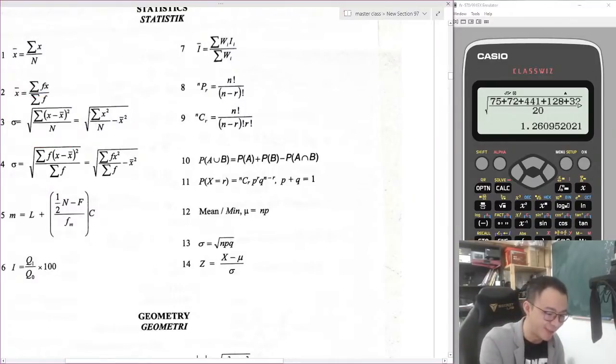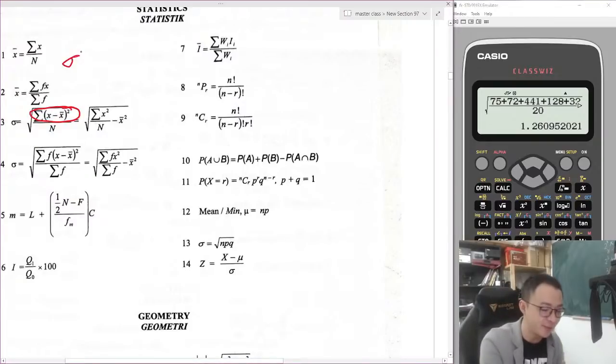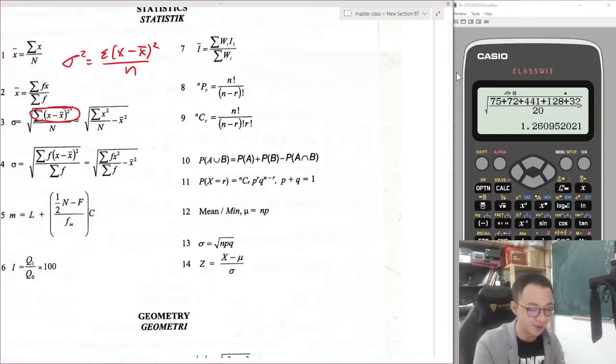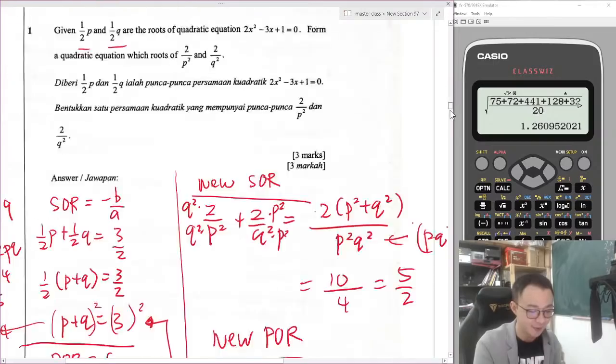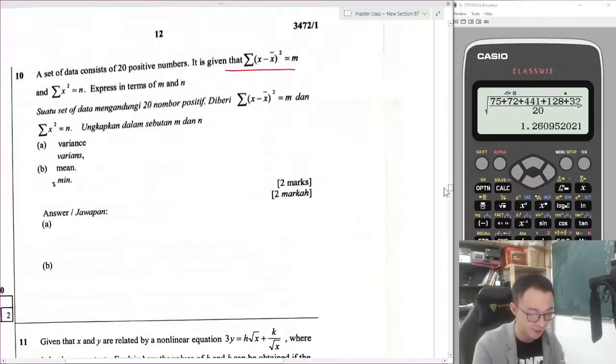We have a similar one inside here, so we can use this to find the variance. The variance is the sum of x minus mean squared divided by n. If you understand this, then we will go back to the questions.